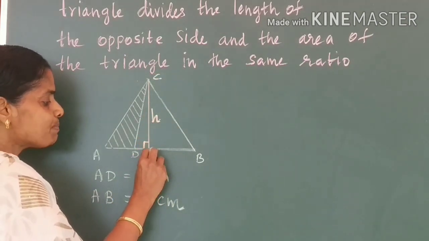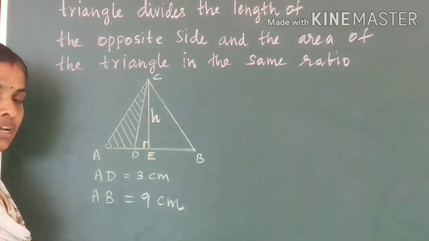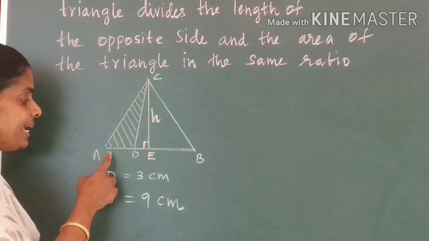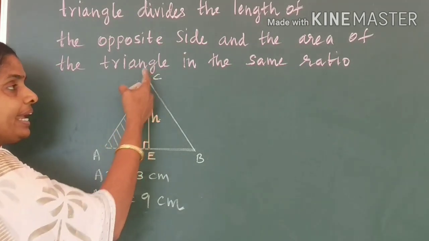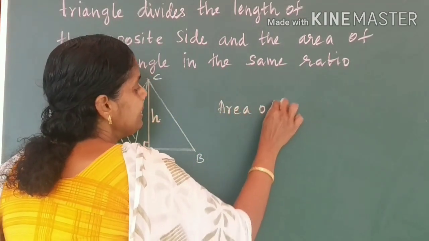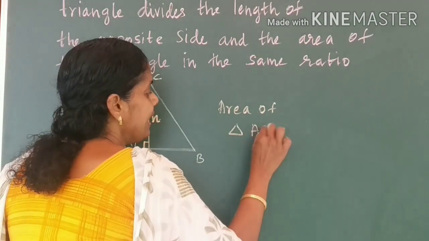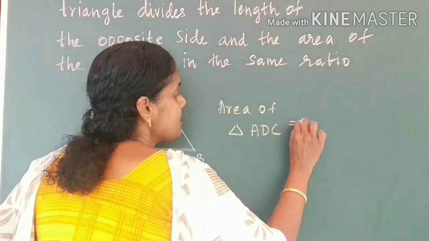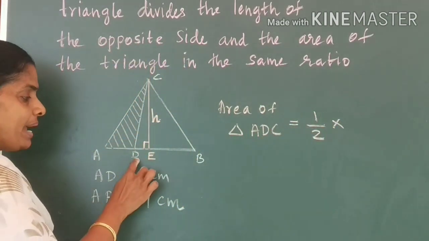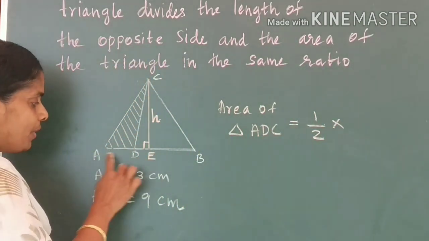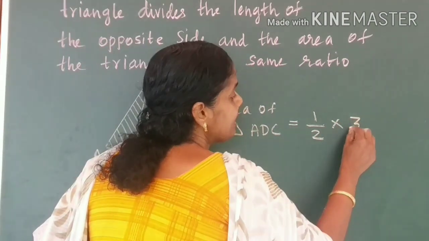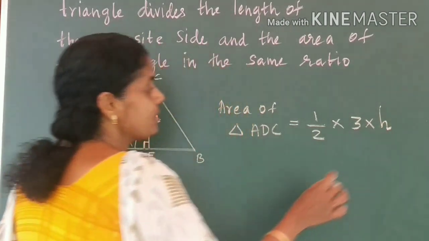Let me mark this point as E. First of all, I am going to write the area of smaller triangle ADC. Area of triangle ADC is equal to half into base. Base is AD. For me, AD is 3 cm. So I am writing 3 into H.